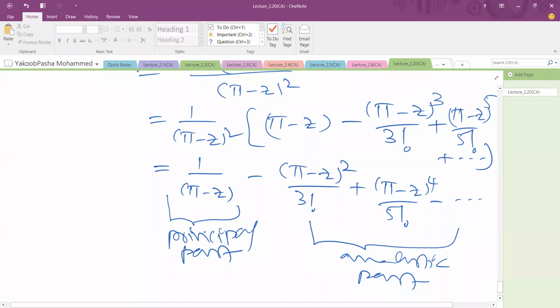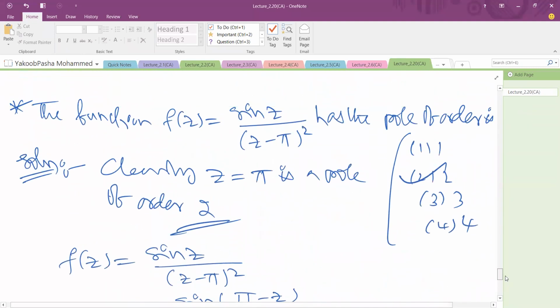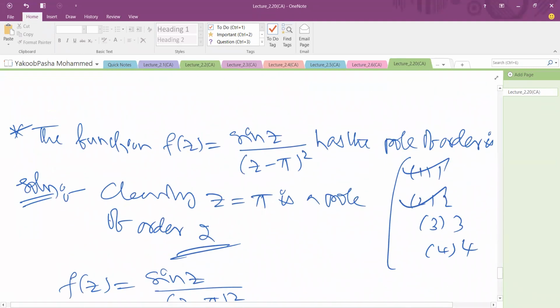One time means z is equal to pi is a simple pole. Simple pole means pole of order 1. So, sorry, the first option is the right option.